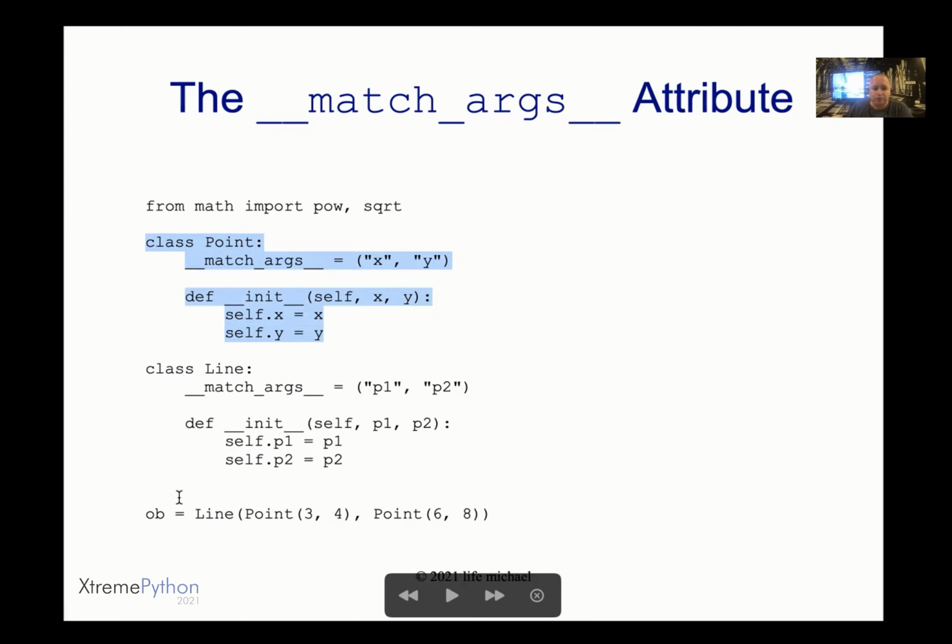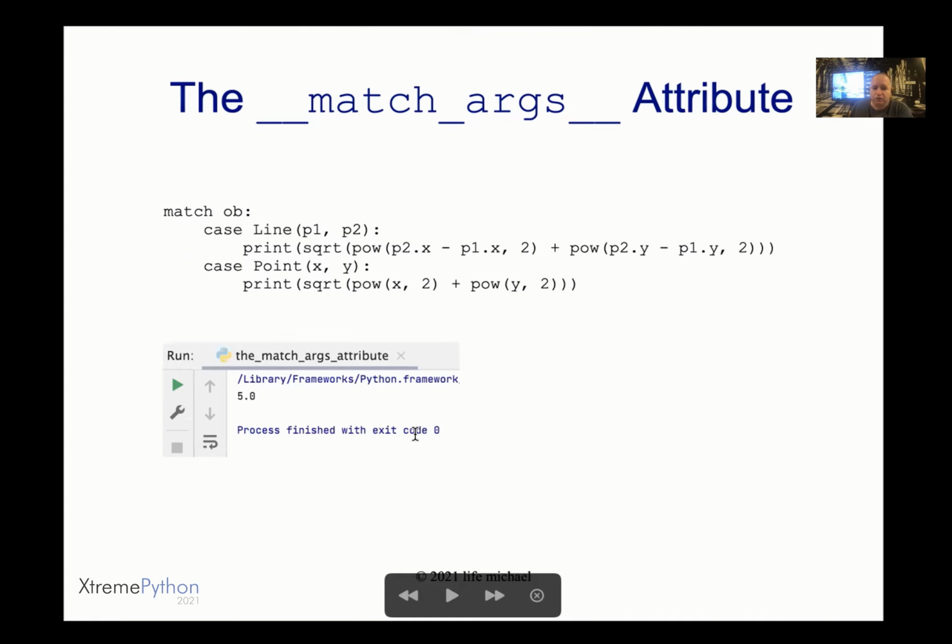And then when you instantiate a line, get a line object that holds two references for 2 point objects, and try to compare it to those structural patterns. Well, of course, the second case is not relevant because OB holds a reference for a line object. So based on the types, the second case is not relevant. It can't match.